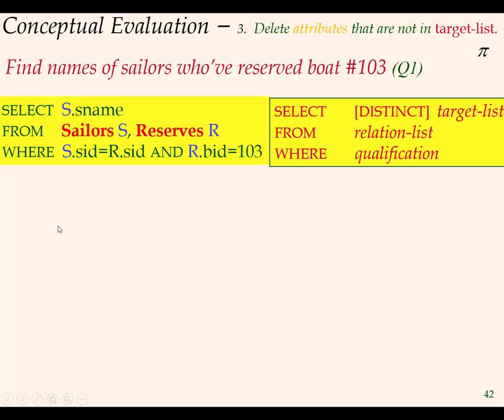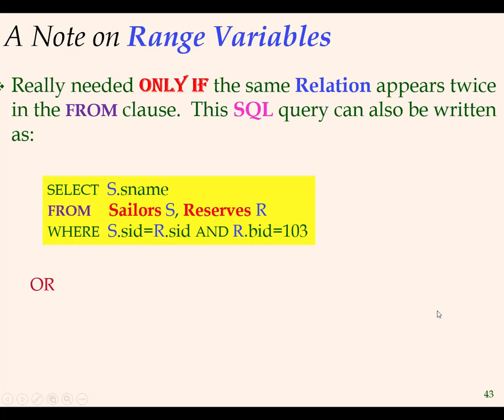So my output relation will only have one attribute in the target list, S-name, and this is how I come up with the answer. That's pretty convoluted. So again, this is done using 2 for loops. You can imagine if you have 2, 3, 4, 5 relations and you do the join first, it's actually very inefficient.